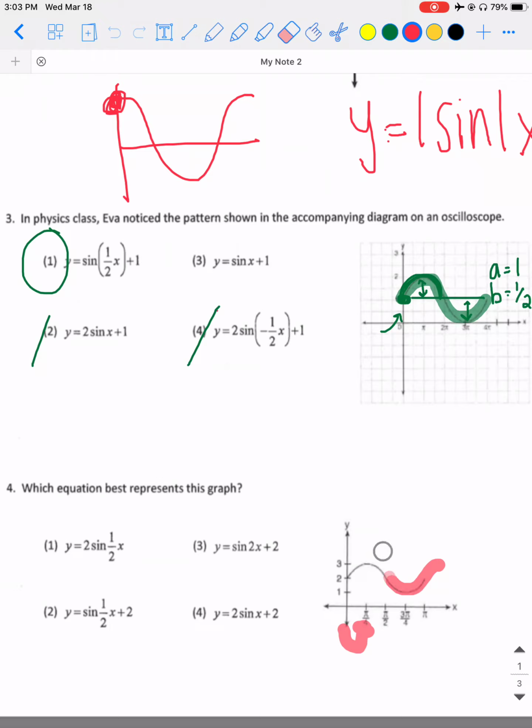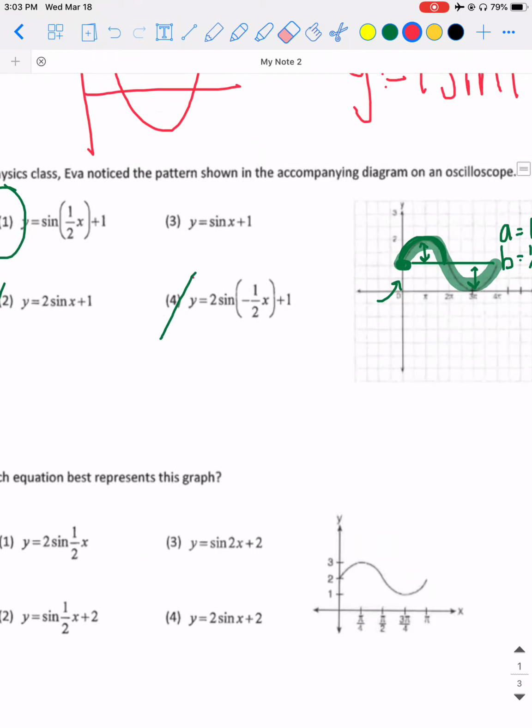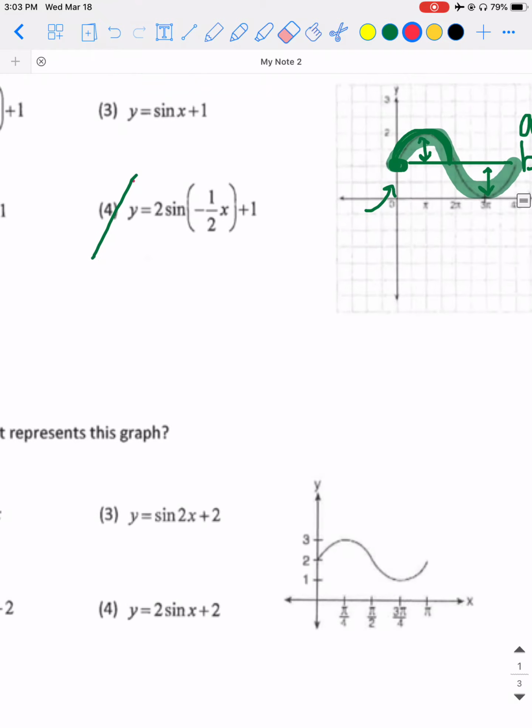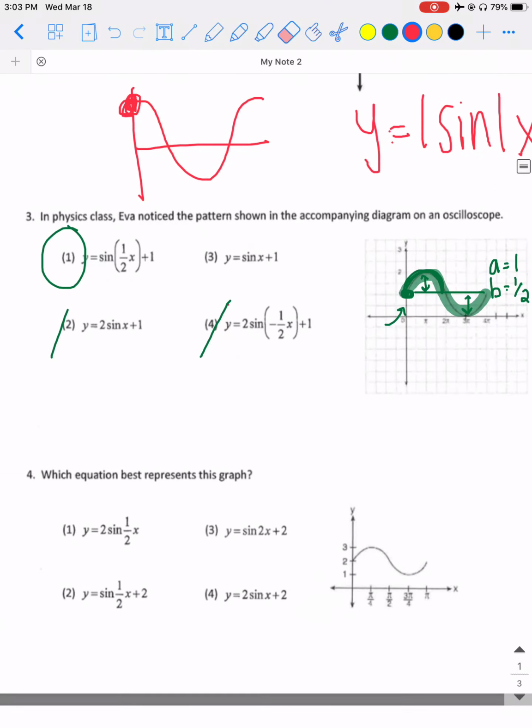So I think it's just getting used to when we look at these functions. Of course, we see a sine curve, but depending on our answer choices, this could be a cosine curve shifted over. So now that we know it's a sine curve, I know that sine curves always start at the midline. So let me draw in my midline, which helps me determine my amplitude, which is 1.